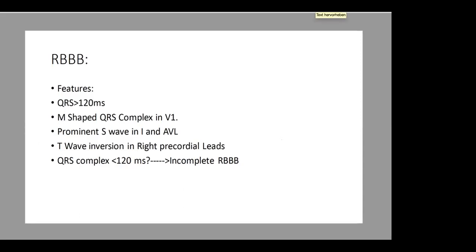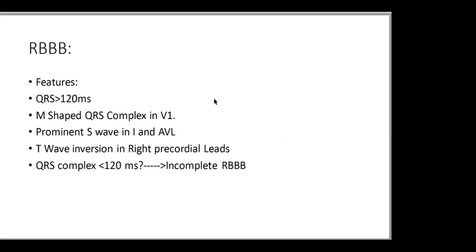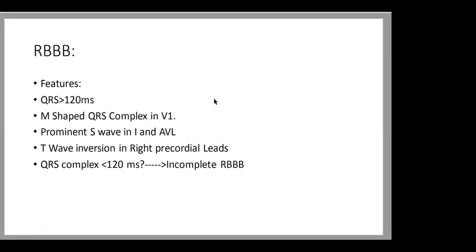If the delay is on the right side, then we have a pathological morphology. On V1, remember I said the precordial electrodes are anatomically arranged in such a way that V1 gives you more of an impression of the right side of the heart, while V6 gives you an impression of the left side of the heart.